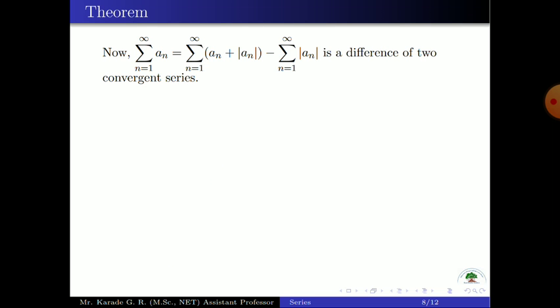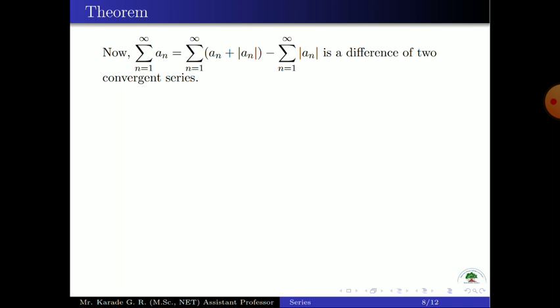Now what we will do here is we write summation an like this. Summation an is equal to summation an plus mod an minus summation mod an, a difference of two convergent series. As we have seen, summation an plus mod an is convergent and summation mod an is also convergent.